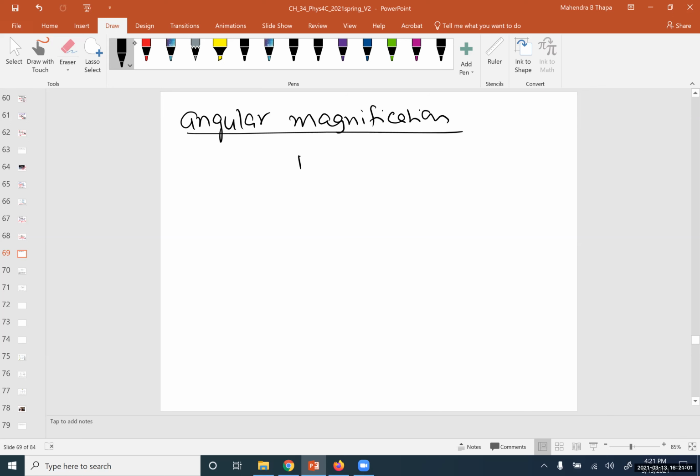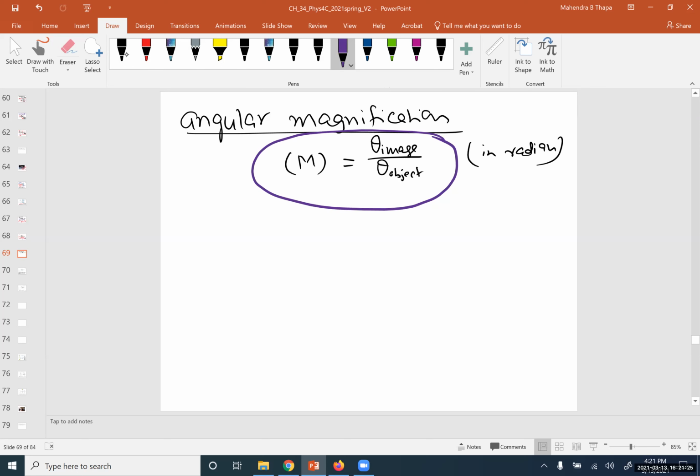We can write any symbol, but I'm just writing M, capital M. So this will be the ratio of theta image over theta object. But this angular measurement must be in radians. So this ratio is called the magnification, but it is angular magnification. So clearly it has no unit.